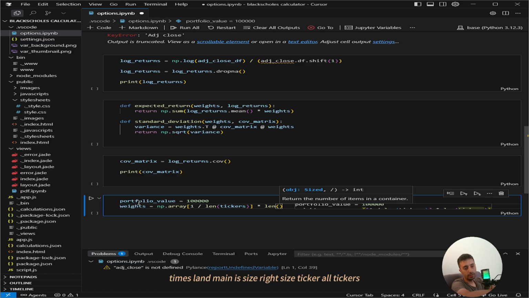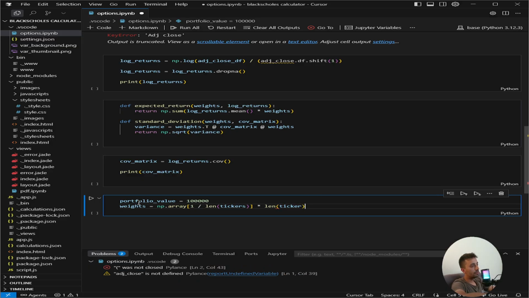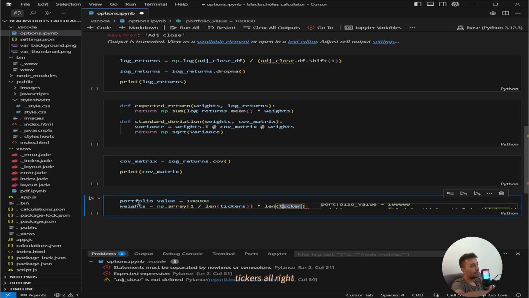Size ticker, all tickers. This is easy to understand, easy logic, guys. Coding is easy logic. Just focus on what we are doing. Len tickers.